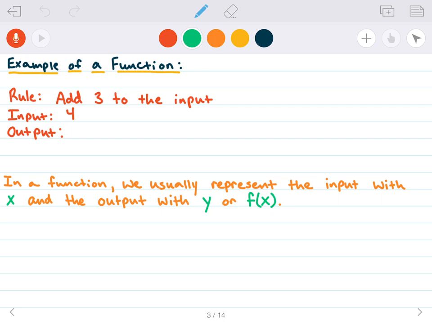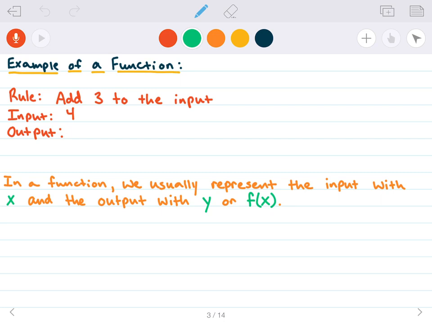We're going to talk about functions in terms of equations, tables, and graphs. The first thing I want to do is make this a little more abstract by putting numbers and operations into our function definition.